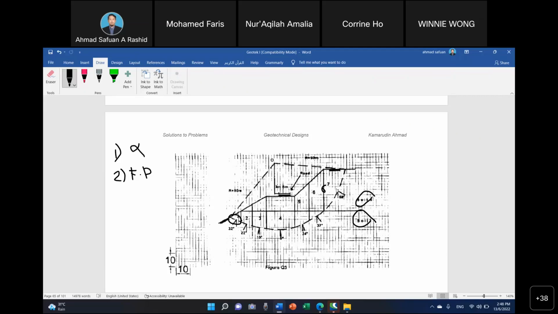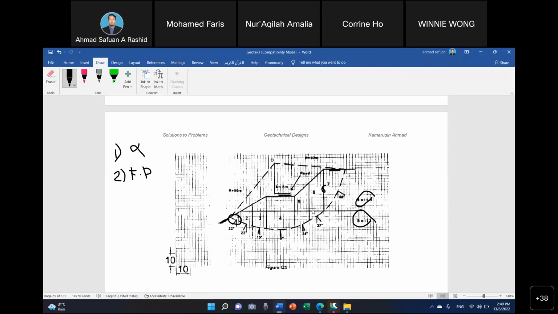We need to make sure that there is only one type of soil on the failure plane, because if we have two types of soil, it is very difficult for us to analyze by including two types of soil in the resisting moment. That's why we need to differentiate.